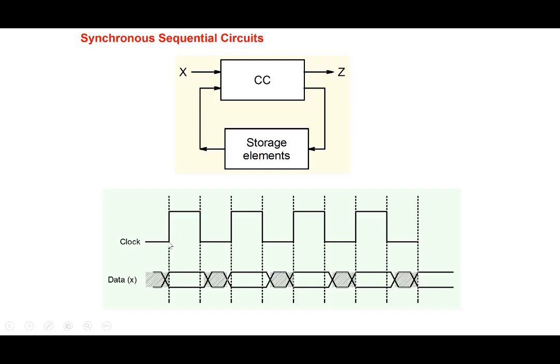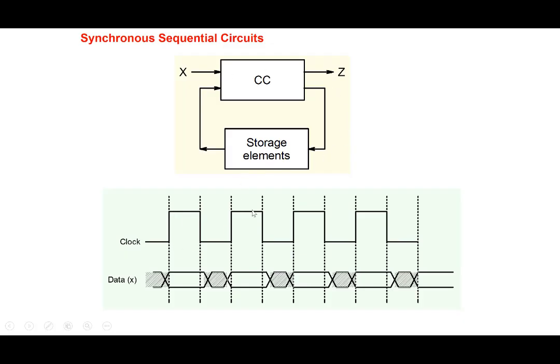The clock is like an analogy of an orchestra, where according to the cue from the conductor, all the musicians play their instruments. So in this case, everything happens in the sequential circuit according to the clock.